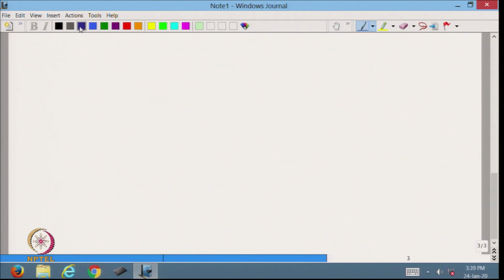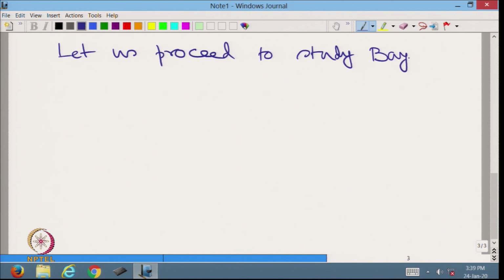Okay, students, with that let us proceed to study an important concept of probability, which is called Bayes' theorem.